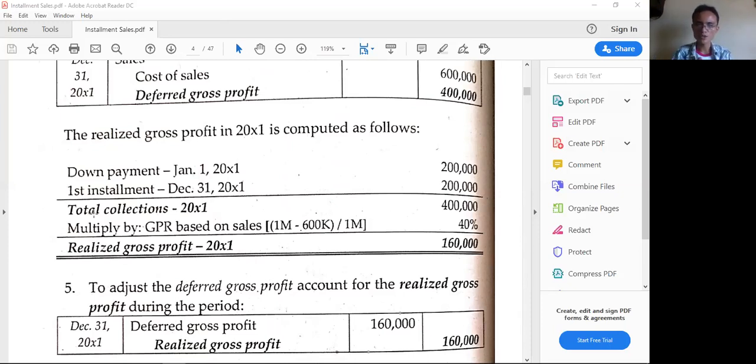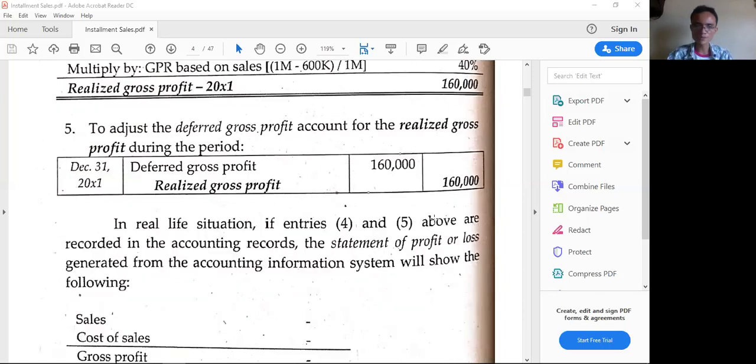As I've said, that is going to be all collections, including down payment and installments coming from the accounts receivable. That's the total multiplied by the gross profit rate at 40%, and that's the realized gross profit. The gross profit rate based on sales, which is our assumption, should be equal to gross profit or deferred gross profit divided by sales. So that's how we obtain 40%.